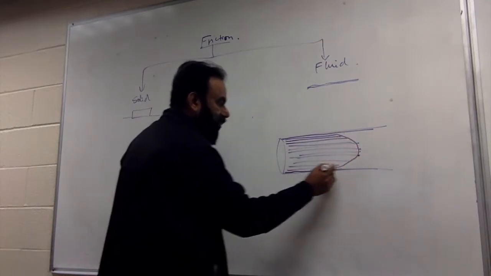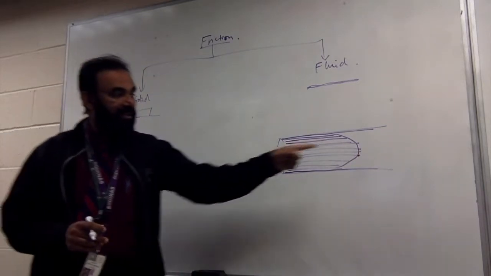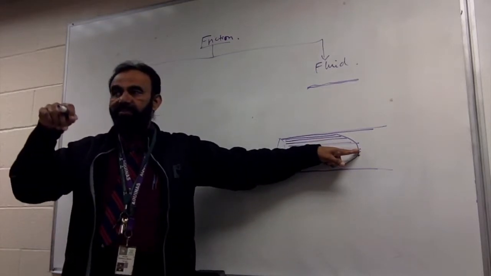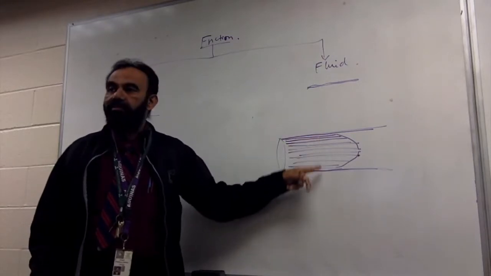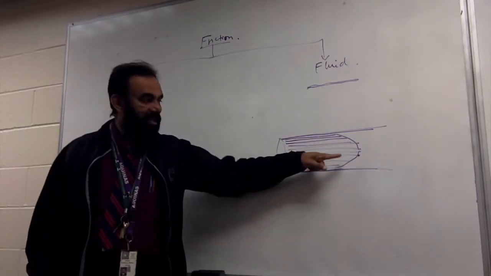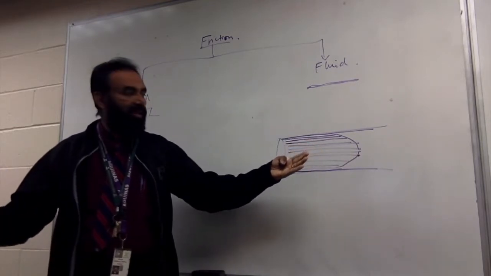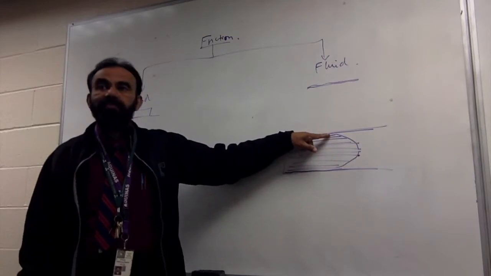So you can see the front of the liquid will be in that shape. Why? Because the layers in the center are least affected by the stationary layers. Make sense? The central layer is least affected by the stationary layer. So these will go fastest, and there's a drag.